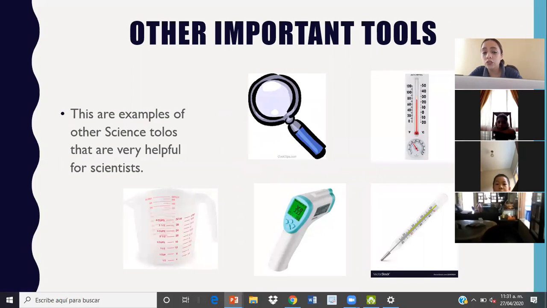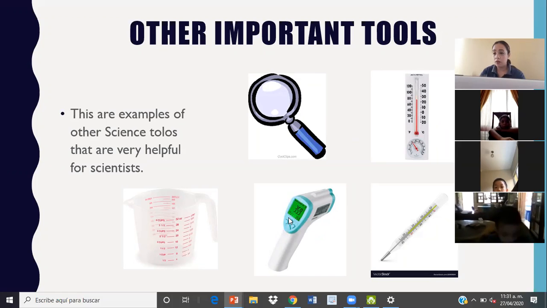Other important tools. These are examples of other science tools that are very helpful for science. This one, we already saw it. It's a hand lens. This is a thermometer, and these ones at the bottom are other types of thermometers, okay?